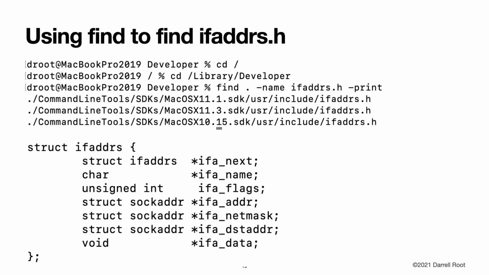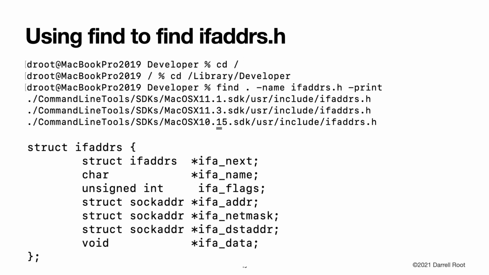And then I started a find from the current directory for the file ifaddrs.h and to print them out, and it gave me three different versions with three different macOS SDKs. And then I went to the one I wanted, which was macOS 11.3, the most recent, and found the ifaddrs.h header file, and I just viewed the file, and there I can see my ifaddrs data structure.